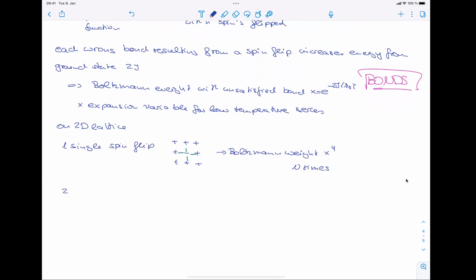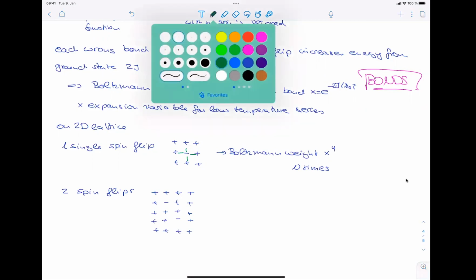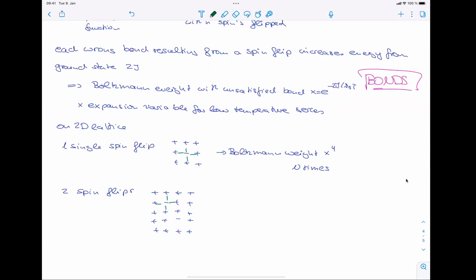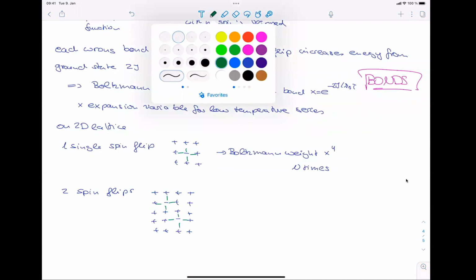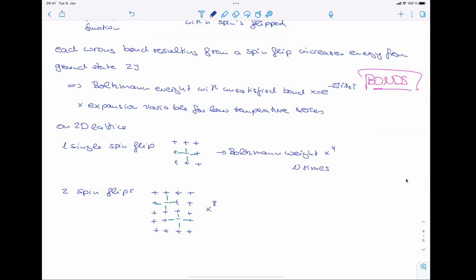Then how about 2 spin flips? Well, now again, these 2 spins can in principle be separated, like 2 independent spin flips, like in this configuration. And then I break 1, 2, 3, 4, 5, 6, 7, 8 bonds, right? So here my Boltzmann weight is x to the 8.